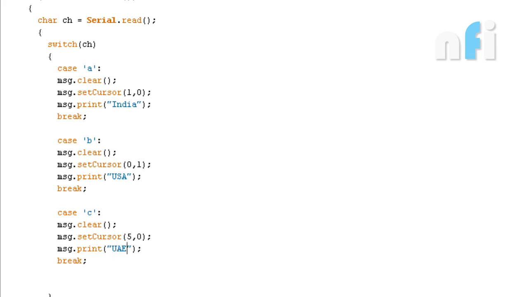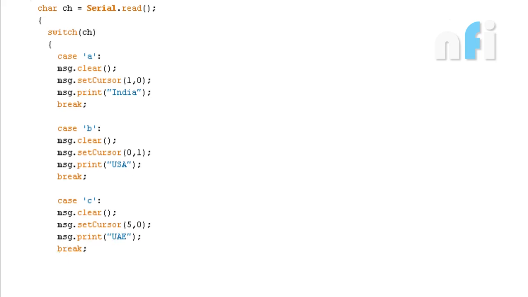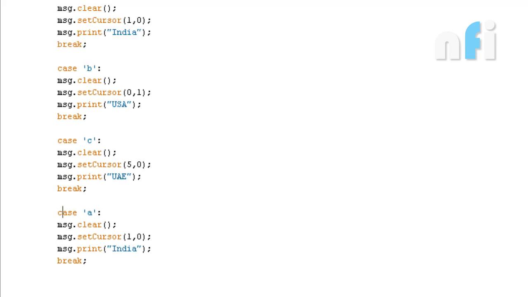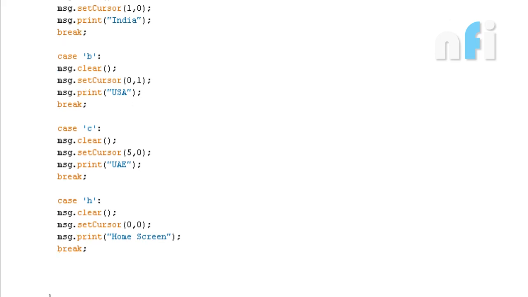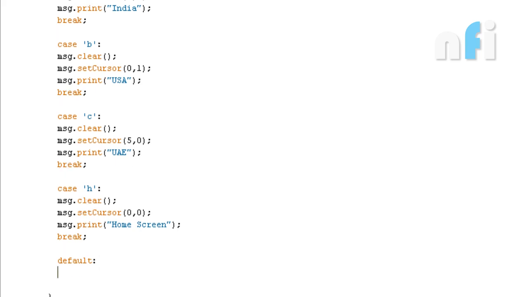Okay, so I'm also declaring a home screen for H. Set cursor 0,0. If I enter H, then my home screen should be there. Home screen. Alright, now suppose the user enters a wrong character, that will automatically go to the default statement.